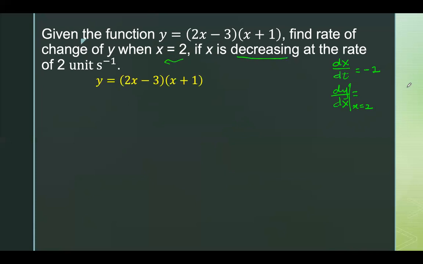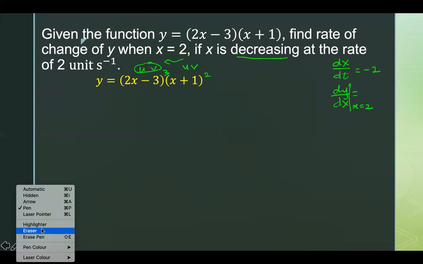This one is the basics of differentiation. When you see two brackets, don't straight away use u and v. See whether you can expand it first. I already told you before, if you want to use the product rule, make sure there is a square here, or here there is a square or cube or any power greater than 1, then you use the product rule.